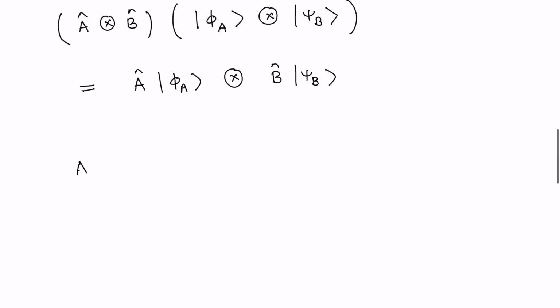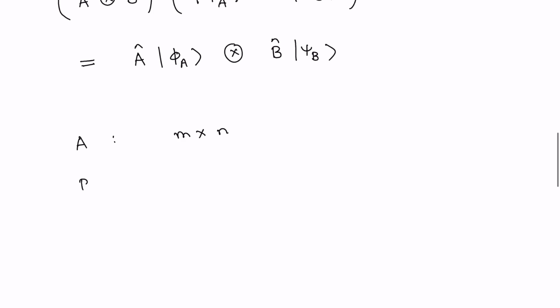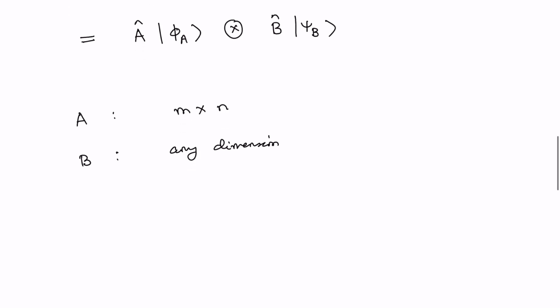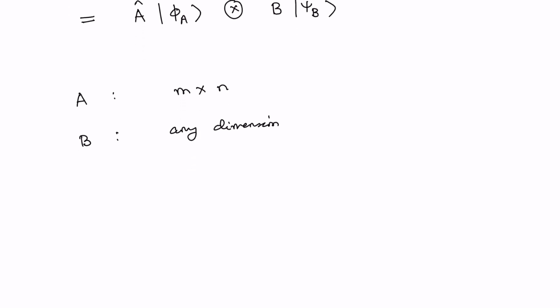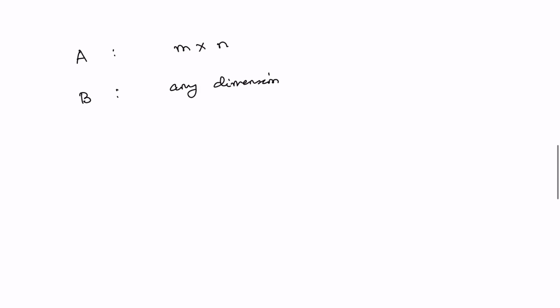Say I have this matrix A, which has a dimension, say m by n, that means m rows and n columns, and B is a matrix which may have any dimension, m by n or n by n or whatever. Then I can define the tensor product of these matrices A and B as follows. Let me first write down the matrix for A.